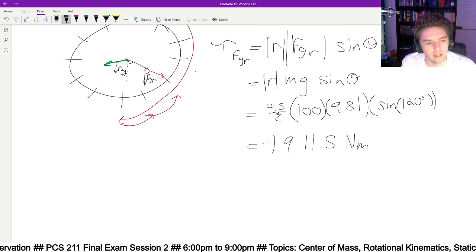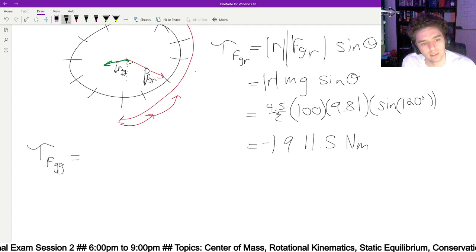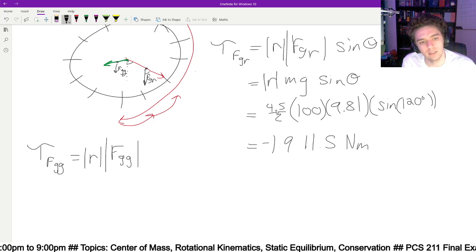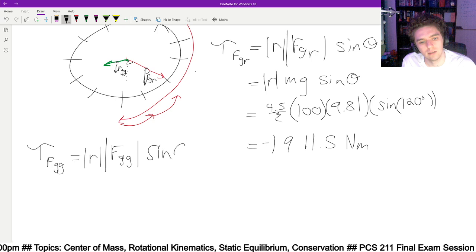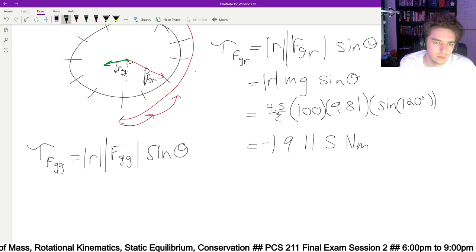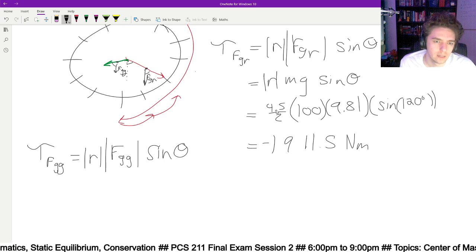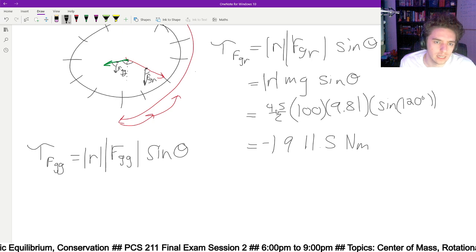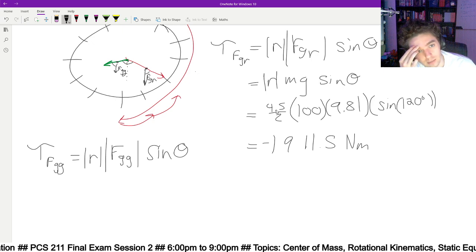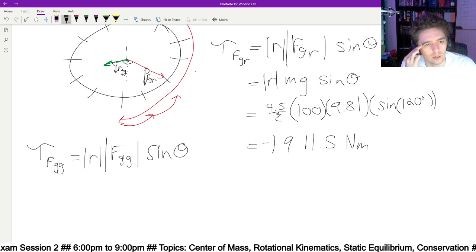Let's try it for the green hand. So the torque done by the force of gravity on the green hand is the distance from the axis times the force of gravity on the green hand times sine of that angle. Okay, so we're looking for this angle there, which is going to be the angle that the clock is at this point, right?